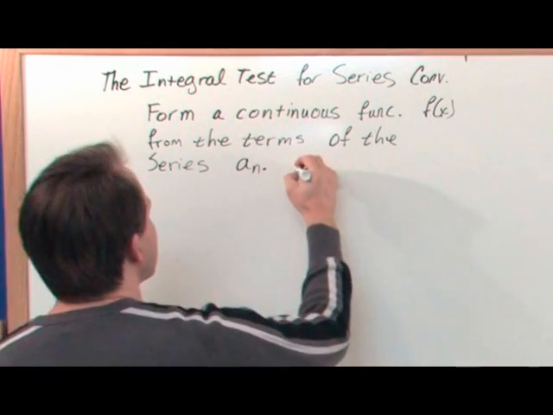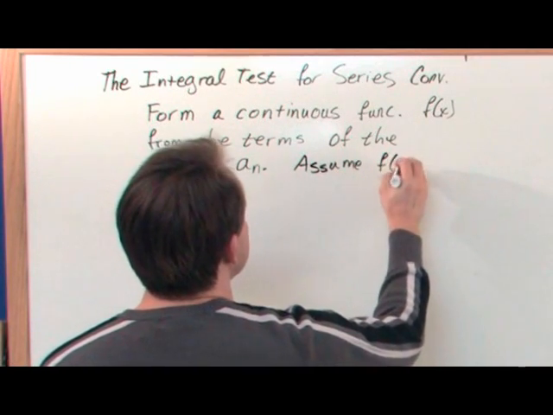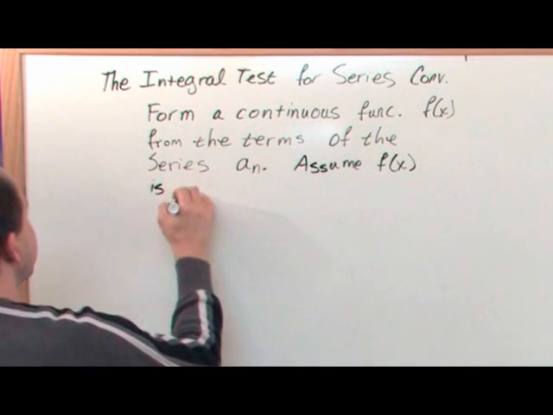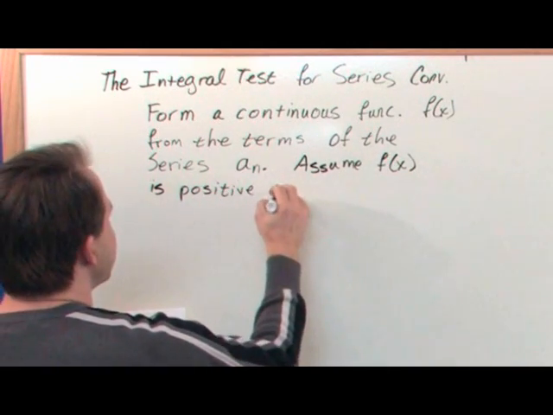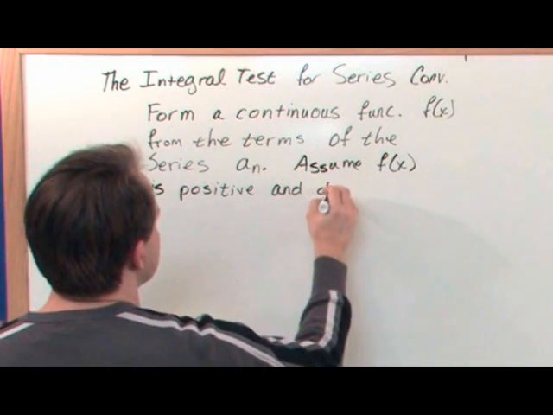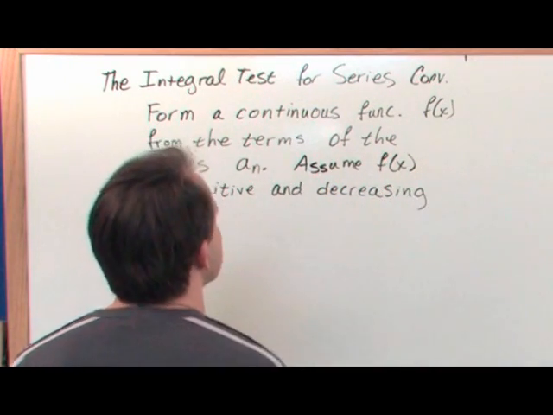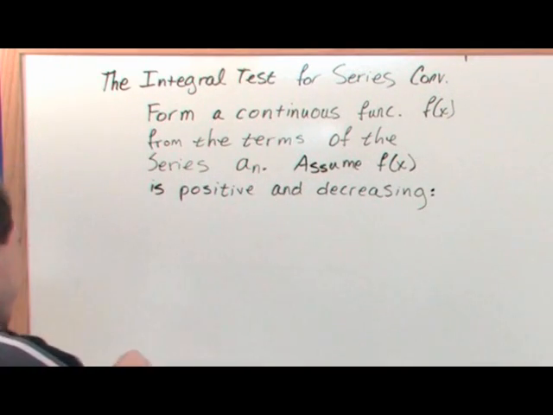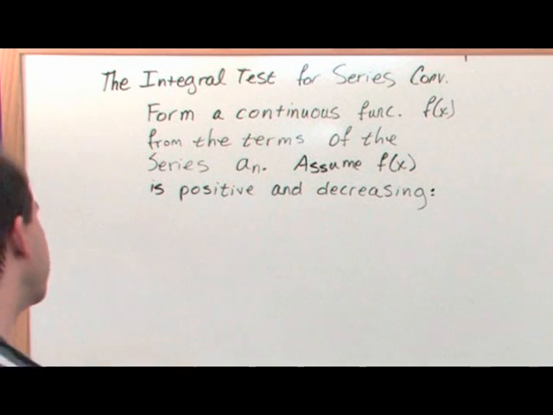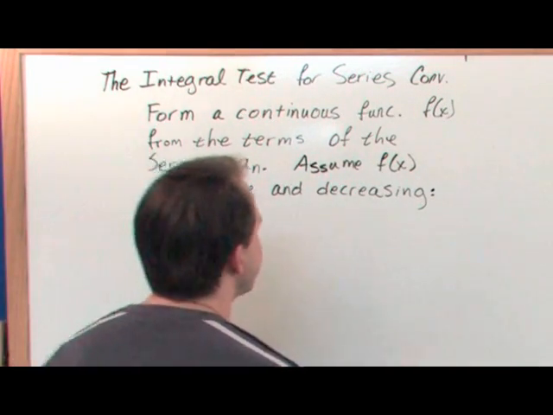And then we're going to assume that f of x is positive and decreasing. Let me say one word about that. In order for this series to have a hope of actually converging, the terms of that series that you're adding up must decrease to 0.